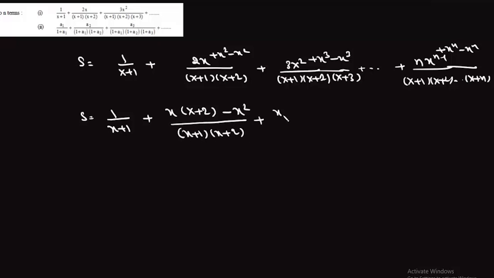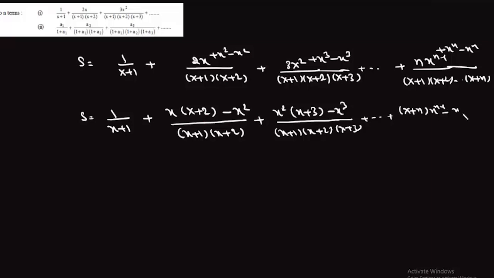Here it will be x square into x plus 3 minus x cube upon x plus 1 x plus 2 x plus 3, and continue up to x plus n into x to the power n minus 1 minus x to the power n upon x plus 1 x plus 2 up to x plus n.